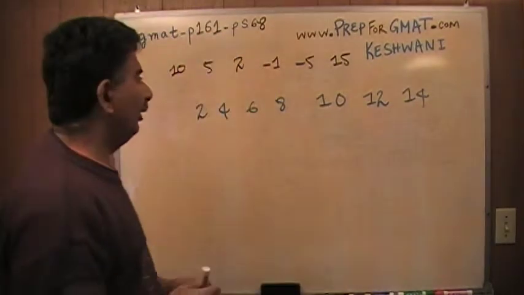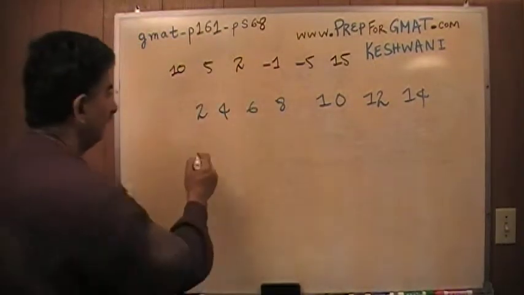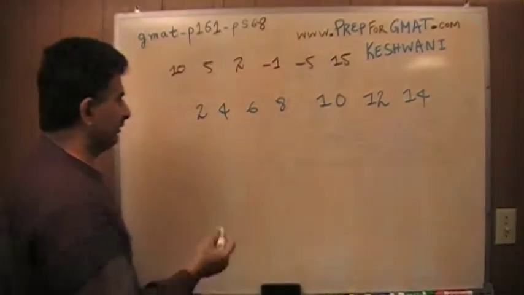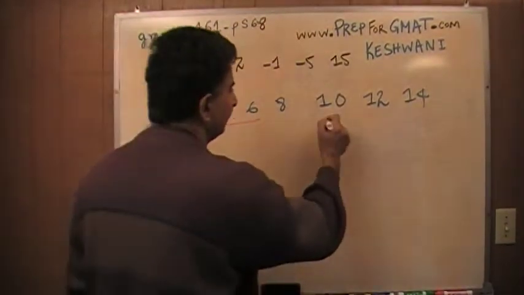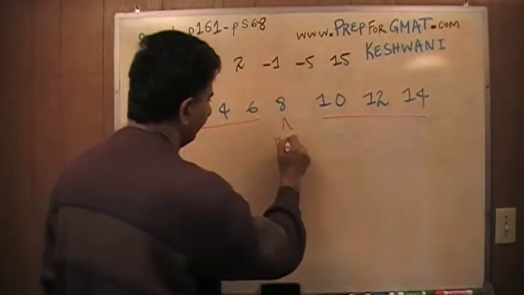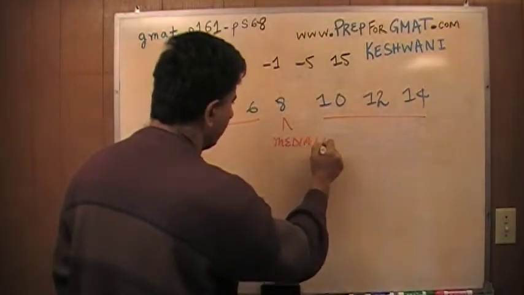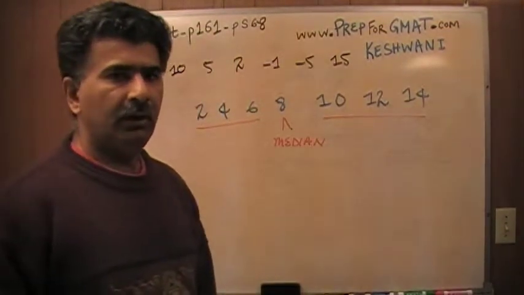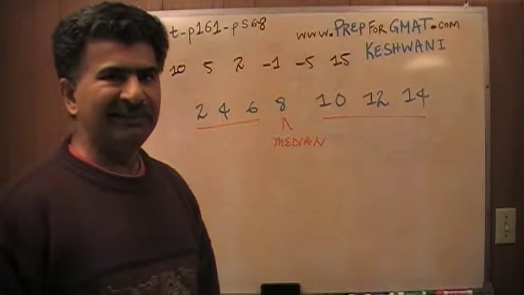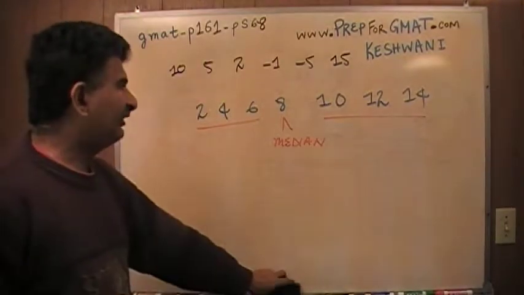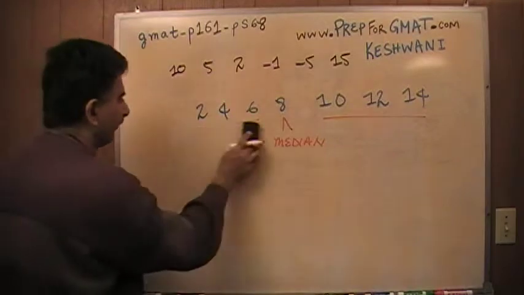Well, since they're already arranged in order, I have 1, 2, 3, 4, 5, 6, 7 numbers here, which means 3 on this side, 3 on that side. This guy is the median. There we go, that's your median. Make sure you pronounce it correctly, because I've seen people mispronouncing the word. It's median.